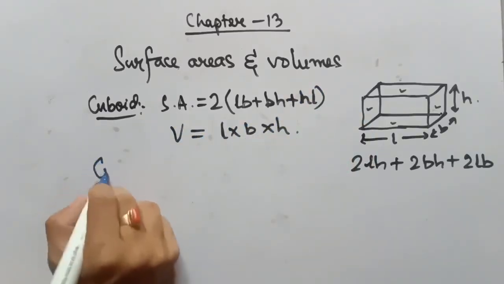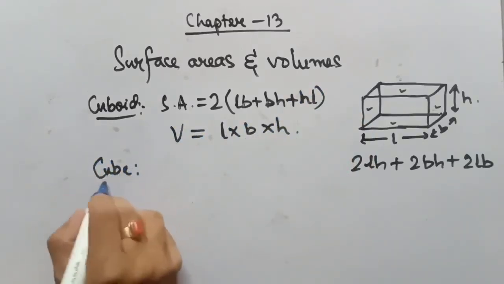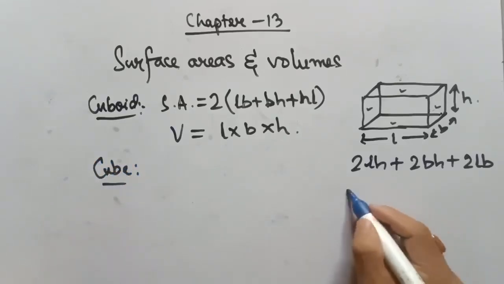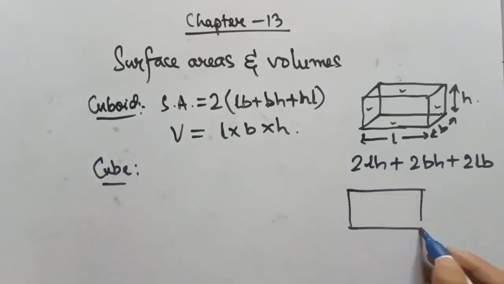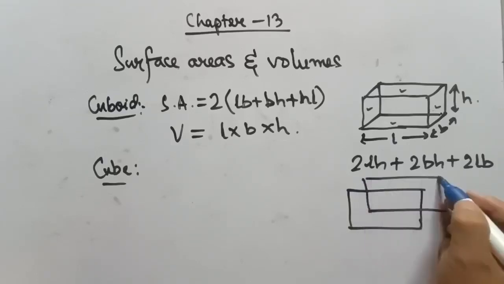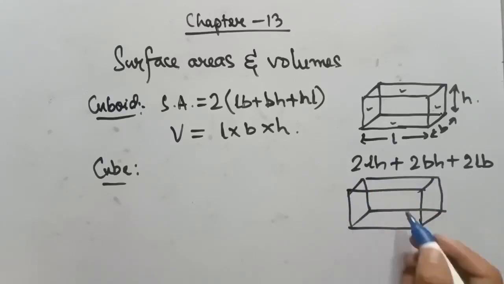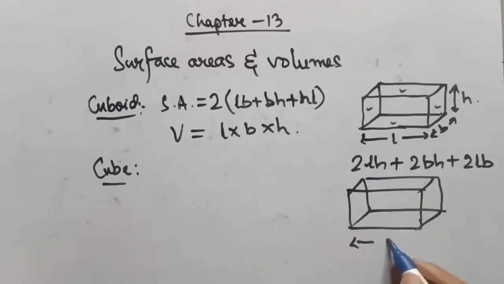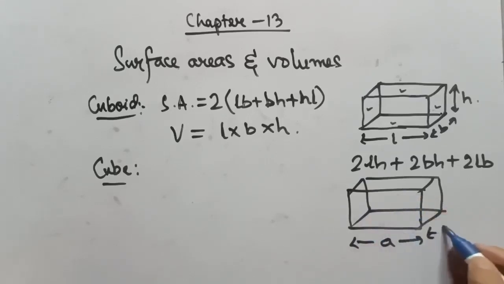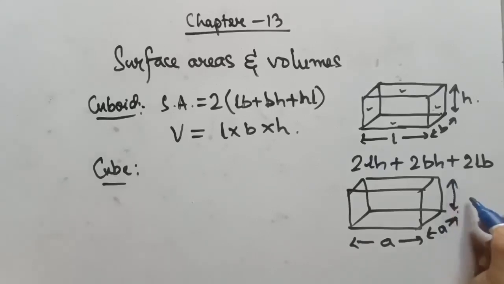Now let us study about cube. As you know, cube is made up of 6 square faces. So if a is the length of a cube, then the breadth will also be of length a, and the height will also be of length a.